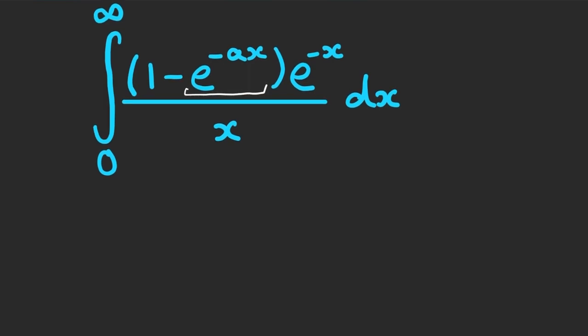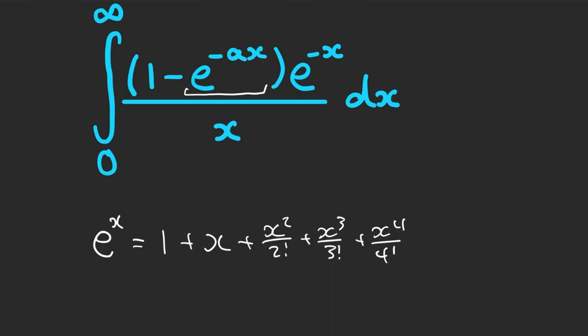So let's recall our series expansion for e to the power of x. e to the power of x is 1 plus x plus x squared over 2 factorial plus x cubed over 3 factorial plus x to the 4 over 4 factorial, and so on, all the way off into infinity.